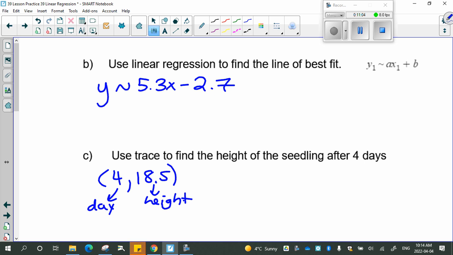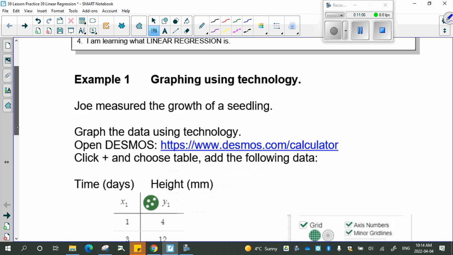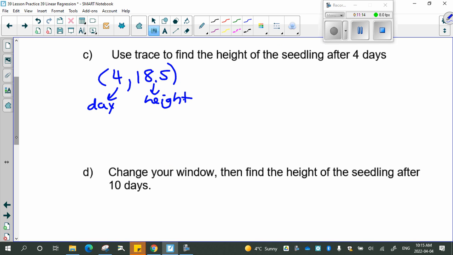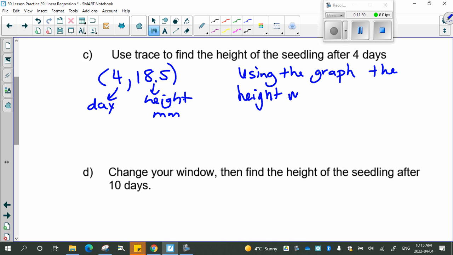And then if we look here, it says that our time was in days and our height was in millimeters. So day and millimeters. So using the graph, the height would be 18.5 millimeters. Okay.